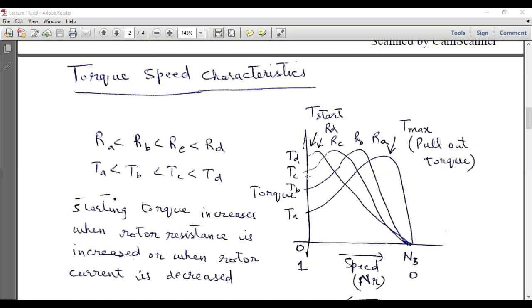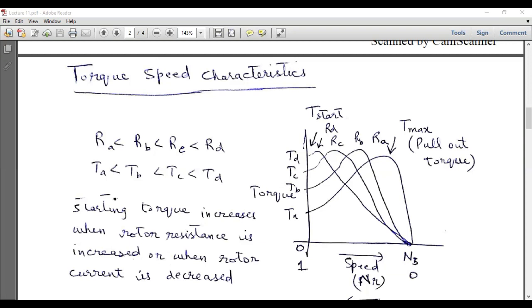And all these points which we can see over here correspond to the starting torque for different values of rotor resistances. So when we have the minimum value of rotor resistance Ra, the starting torque will be minimum. Similarly, as we increase the rotor resistance, the starting torque starts increasing and it will be maximum at Td for the value of rotor resistance equal to Rd.